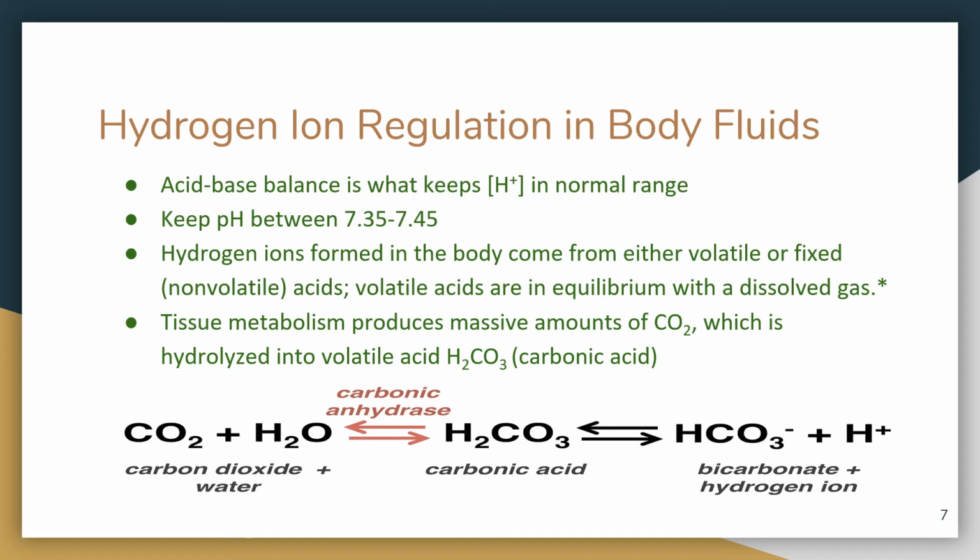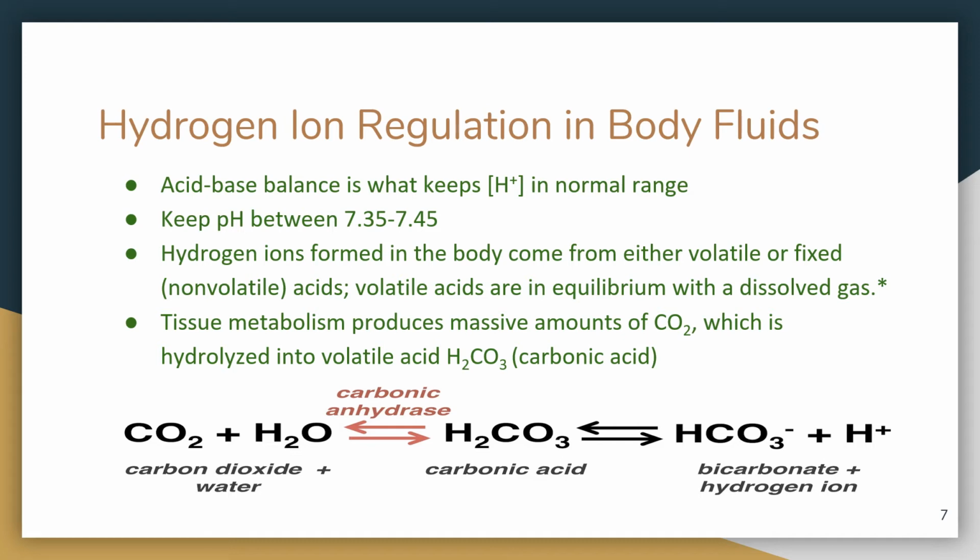So the only volatile acid of really physiologic importance in the body is carbonic acid. And the carbonic acid there is right in the middle, your H2CO3, okay? Which is in equilibrium with dissolved CO2, which is demonstrated in the CO2 hydration reaction.